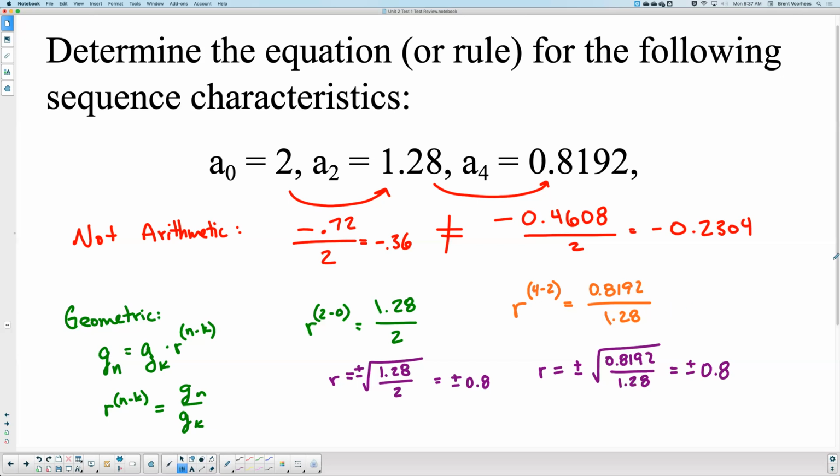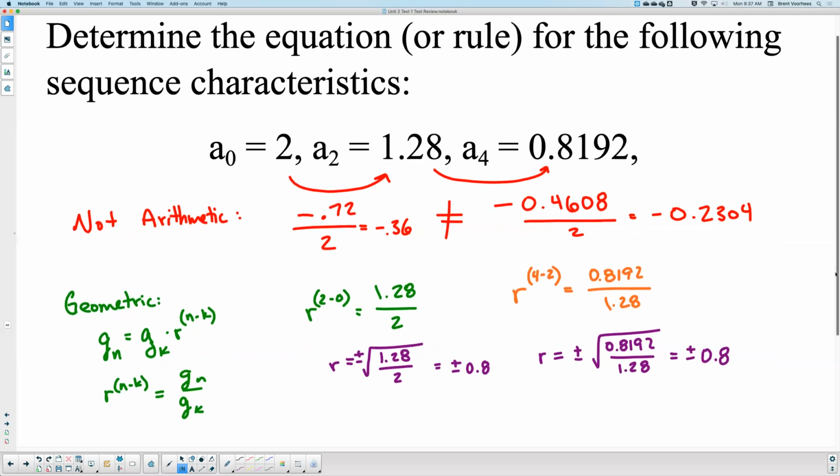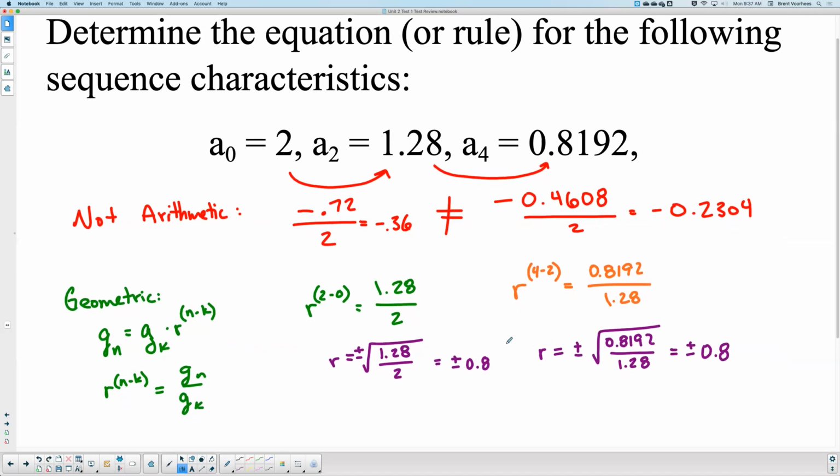All right, we can write an equation. Because these two are equal to each other, we found out an equation. So when you plug into the formula, it would be Gn would equal, what is Gk? Which one are we going to use for Gk?